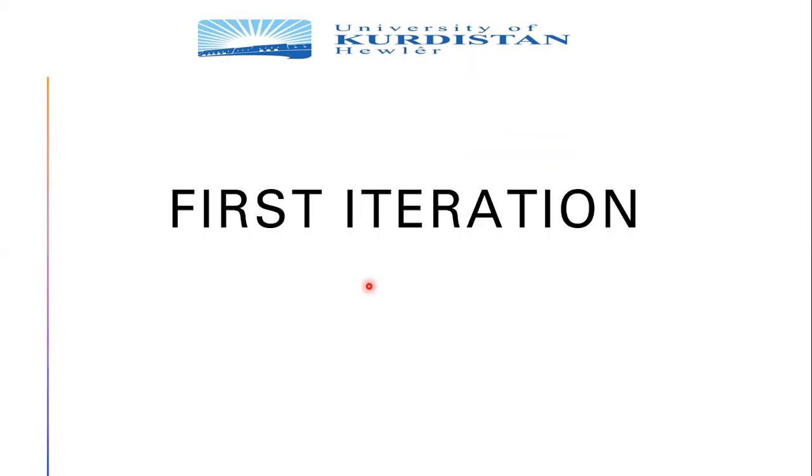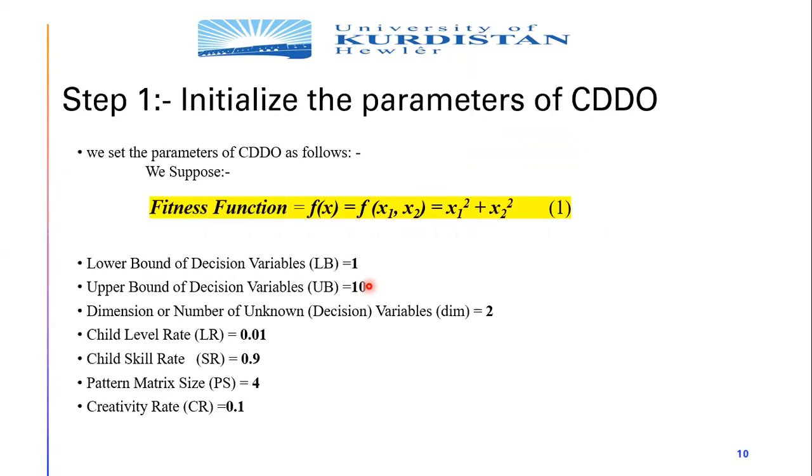So assuming that we are in the first iteration, we initialize the parameters. We have a fitness function, which is x1 squared plus x2 squared. This is just for learning. Now we have two dimensions, x1, x2. You might have x3, x4, x5, xd. That's up to you.